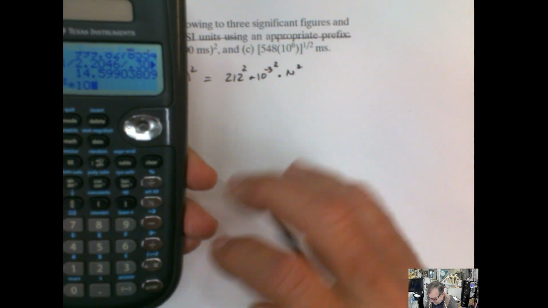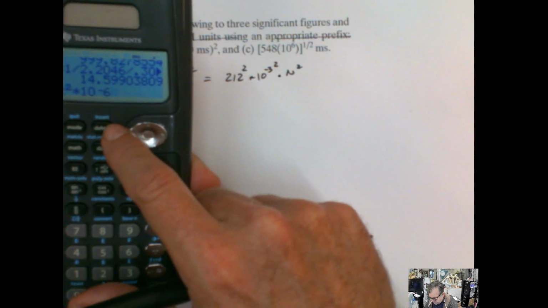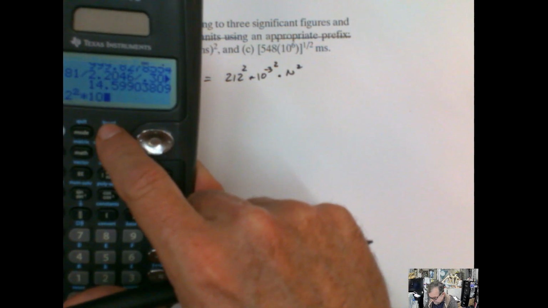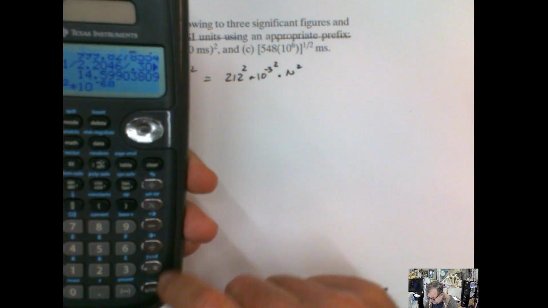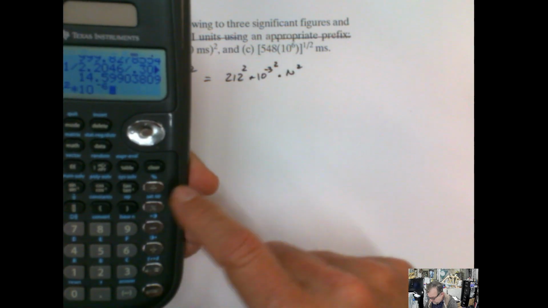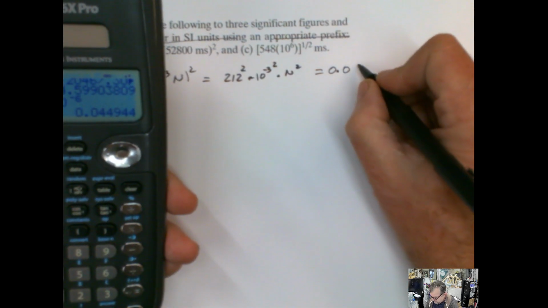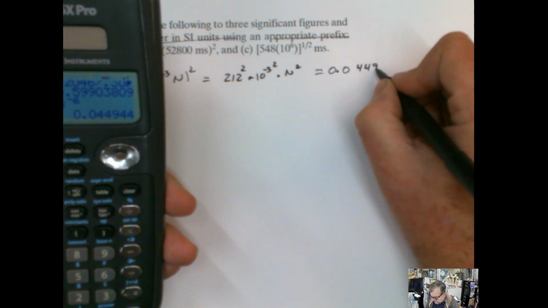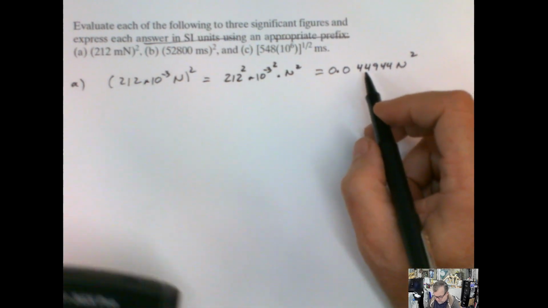This is 10 to the negative 6. And that's it. So you get the value of 0.044944 newton squared. Now, three significant figures.